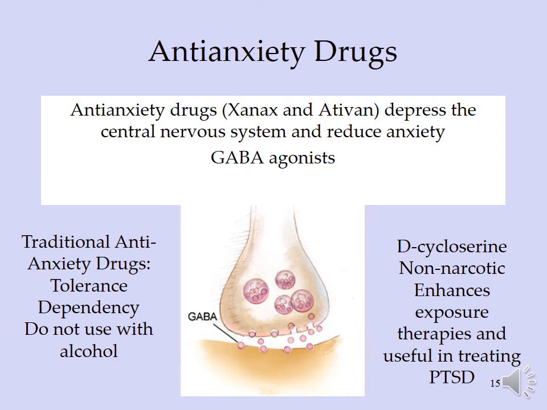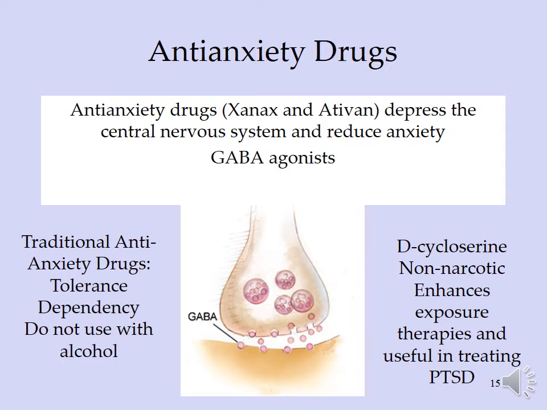We also can look at anti-anxiety drugs such as Xanax, Ativan. These drugs work by depressing the central nervous system and binding with GABA receptors, neurons, to reduce anxiety. Those traditional anti-anxiety drugs have some downsides.